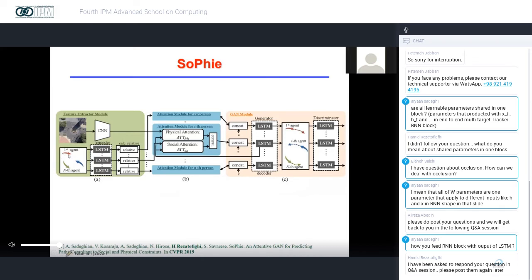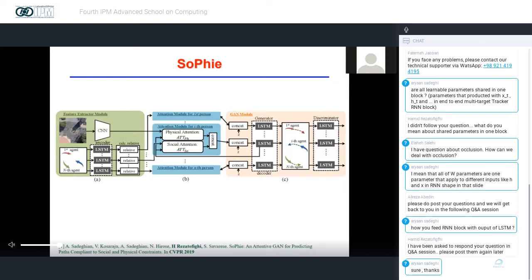Then we have a module that tries to learn a joint feature representation between targets, but that module should be insensitive to the order. It doesn't matter in which order you input the tracks into the LSTM. At the end, the feature of the target should not be sensitive to the order we created.